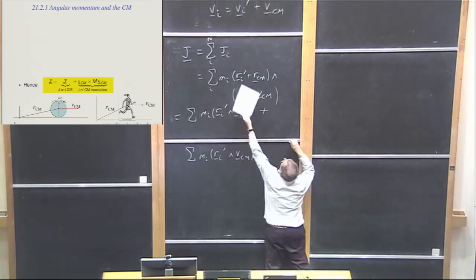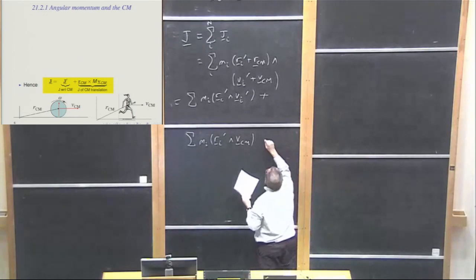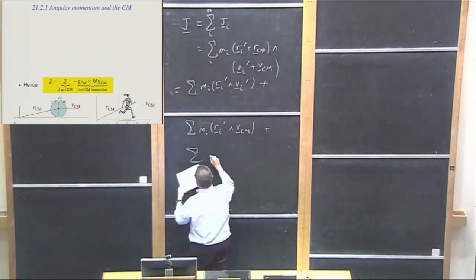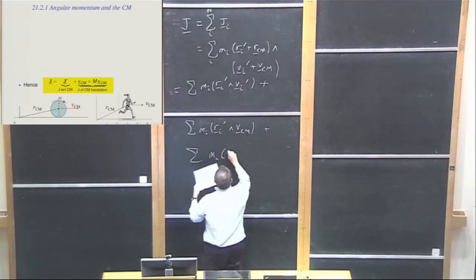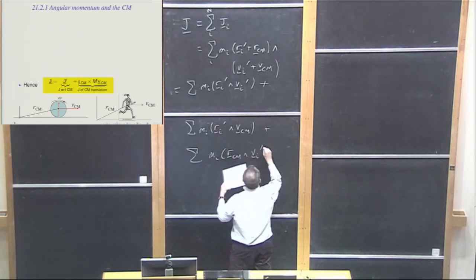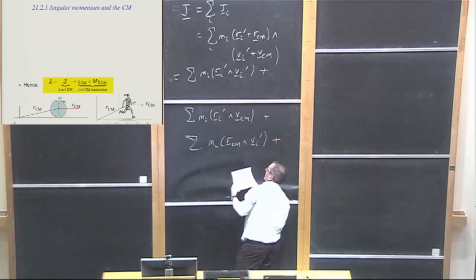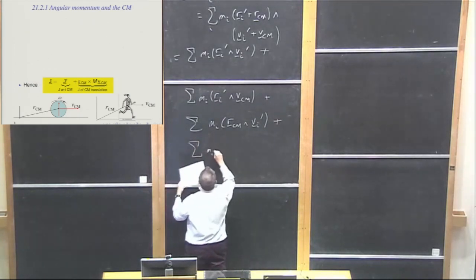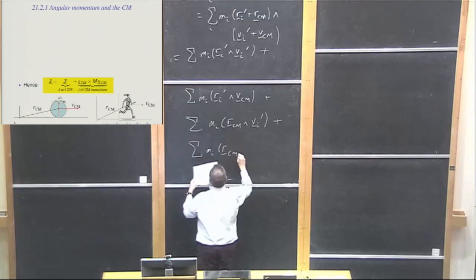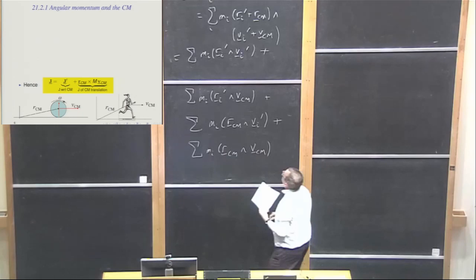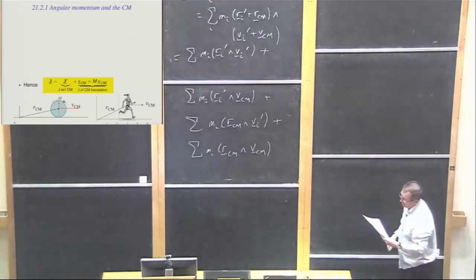So that's this with this. And then Mi RCM cross Vi prime. And finally, Mi RCM cross VCM. Okay, so 4 contributions.